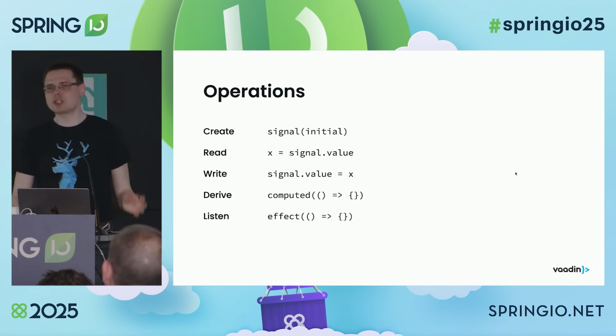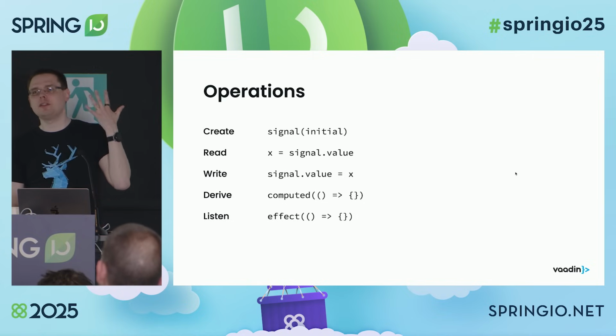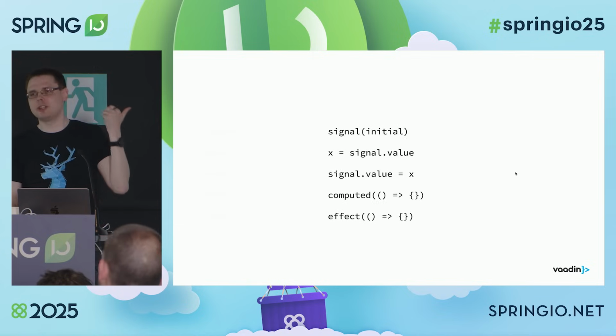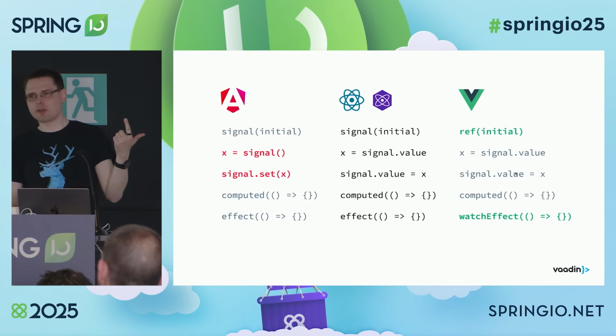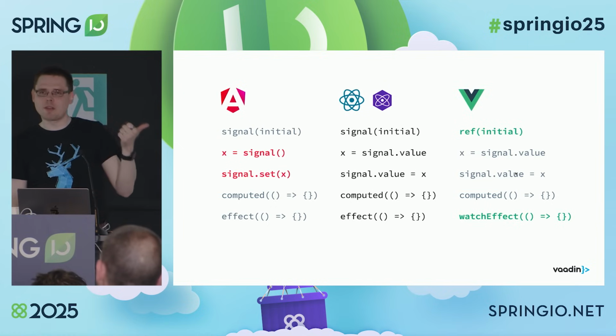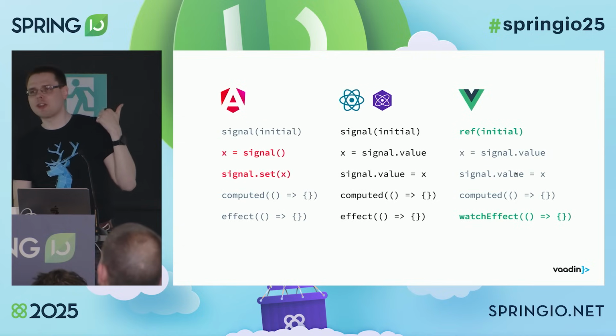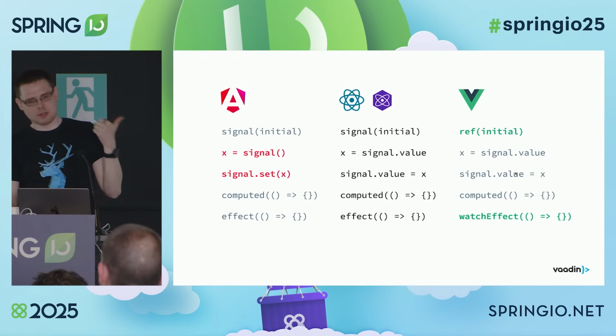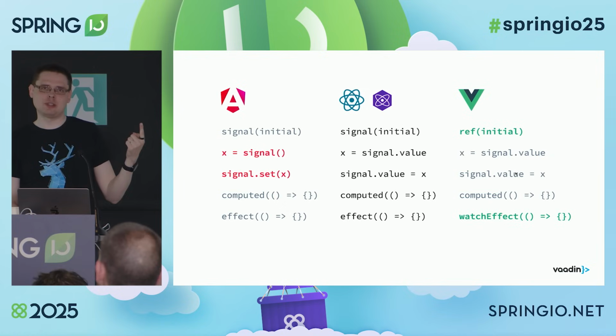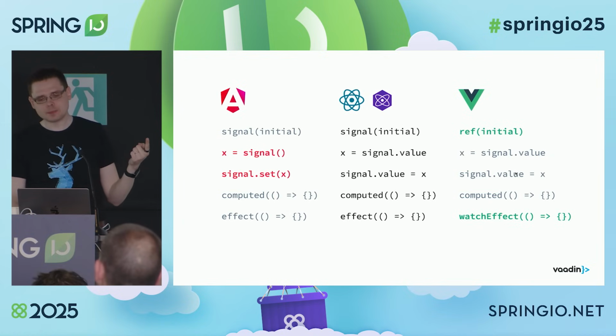Like we saw, there are these 5 very, very fundamental operations with signals. You can create them, you can read the value, that sets up a dependency if you run it inside a computed or an effect. You can write the value, that might cause some effect to rerun. You can create derived signals, computed, and then you can listen to changes using the effect.